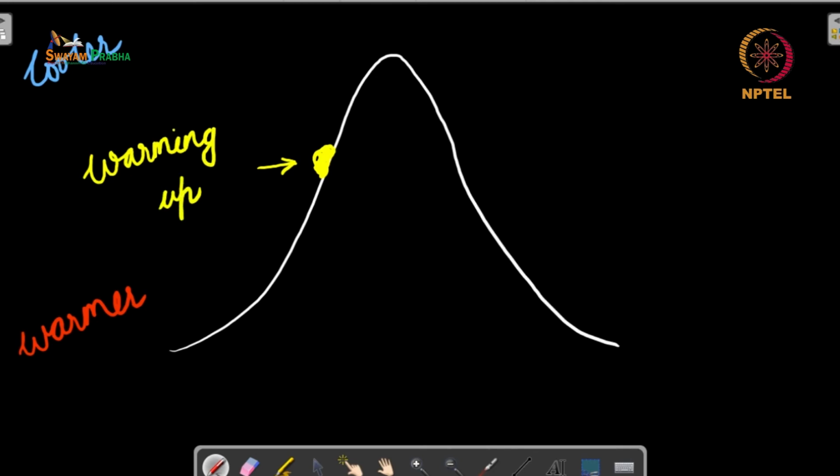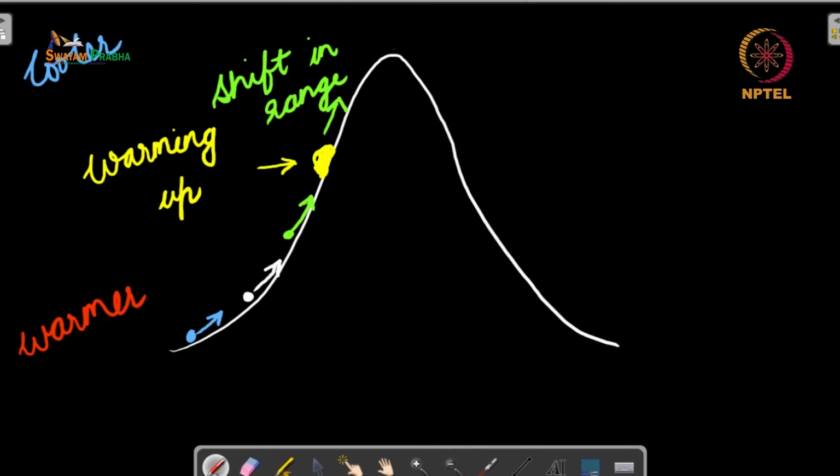So what will these organisms do? They will shift their range. That is, they will start to move upwards. So this is a shift in the range where the organisms are found. So an organism that lives here will shift here, an organism which lives here will shift here, an organism which lives here will shift here, and so on.